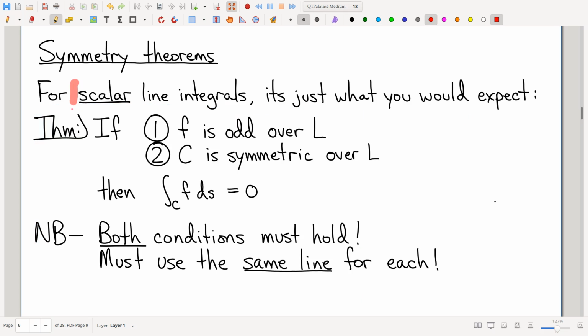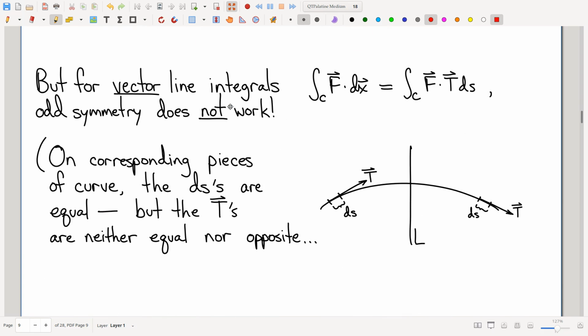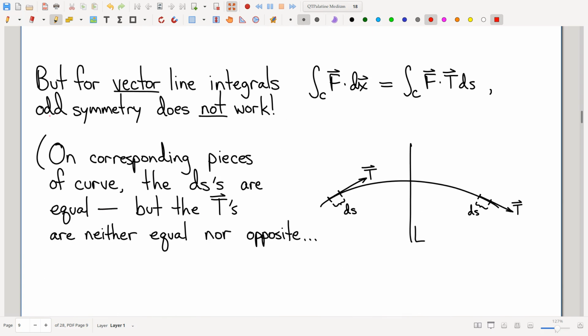This is only for scalar line integrals. Strictly only for scalar line integrals. There is no odd symmetry theorem for vector line integrals. It just doesn't work.